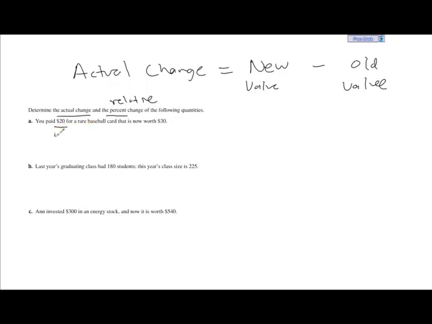Well, it was worth this when you bought it. Now the new value is worth $30. So the actual change, I'll just abbreviate it AC, actual change, is equal to the new minus the old, which tells me that the actual change was a positive $10. That means that it grew by $10.